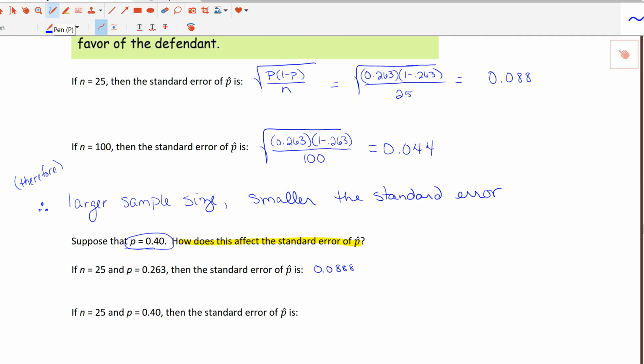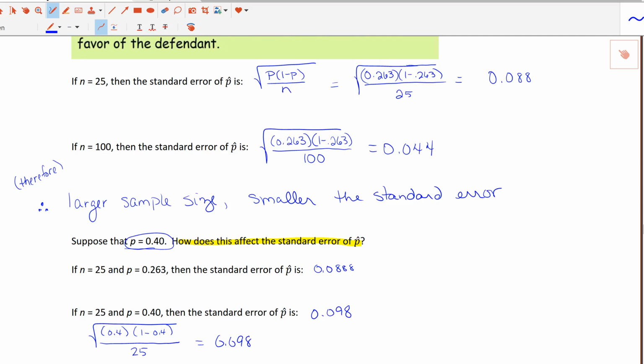So let's check this out. Find the standard error, but now we're going to assume that p is 0.4. So we have the square root of 0.4 times 1 minus 0.4 all over 25. That is equal to 0.098.